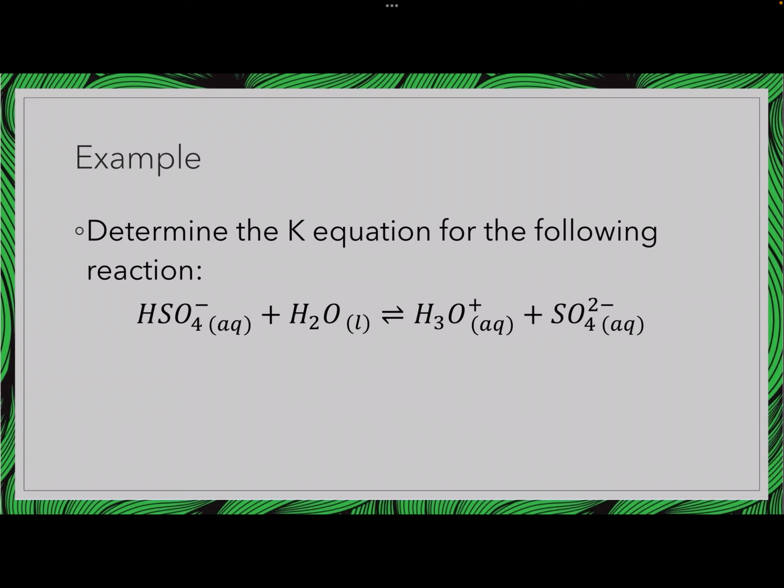Another one here. We've got hydrogen sulfate minus plus water in equilibrium with H3O+ and SO4 2-. So what's included? The first one's aqueous, so we include that. The second one's a liquid, so we don't include that.